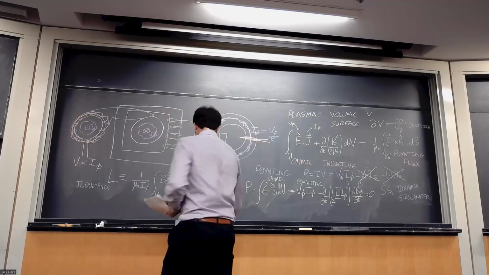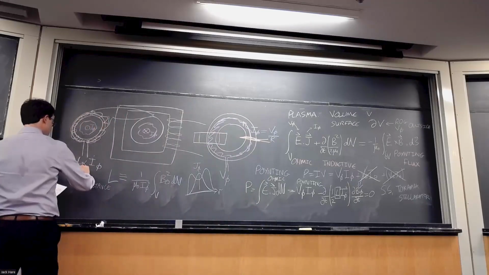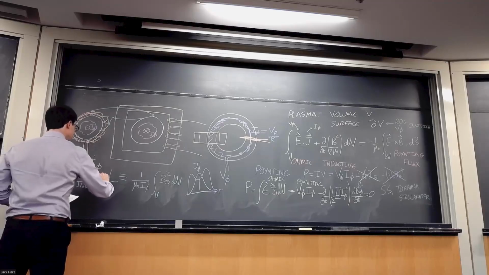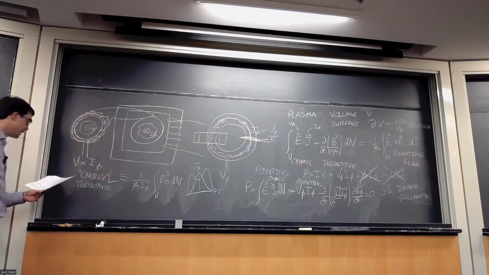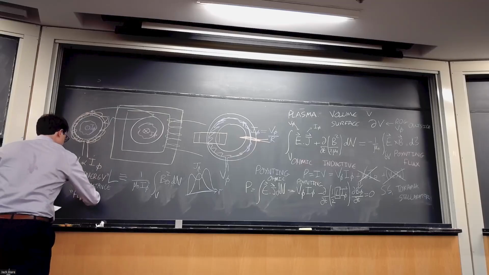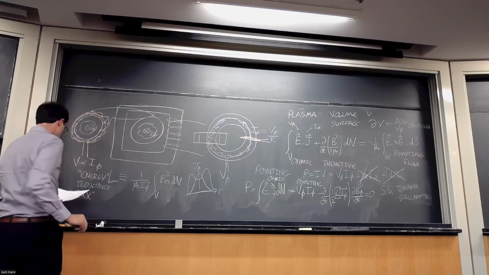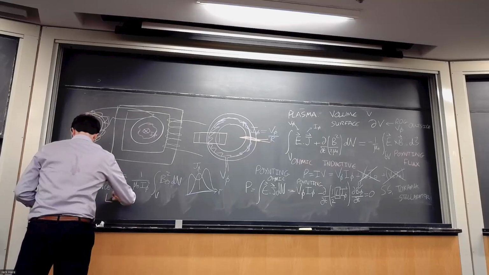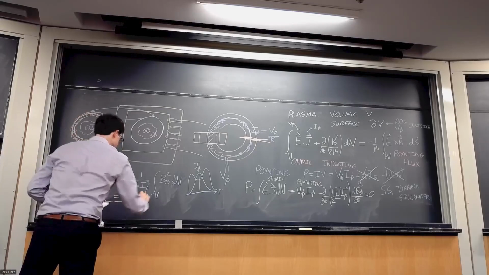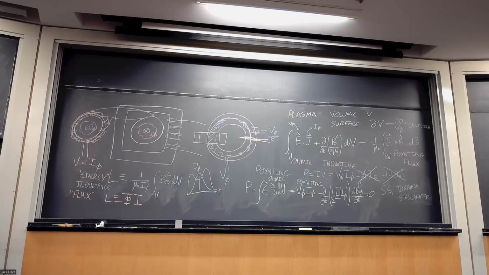Okay, and the other thing I want to say here is that the definition of L we're using here is sometimes referred to as the energy inductance. There's another version which is called the flux inductance. And that one is defined as L is equal to the magnetic flux over the current. These definitions are often similar, they often give similar results, but actually there are some really subtle differences.